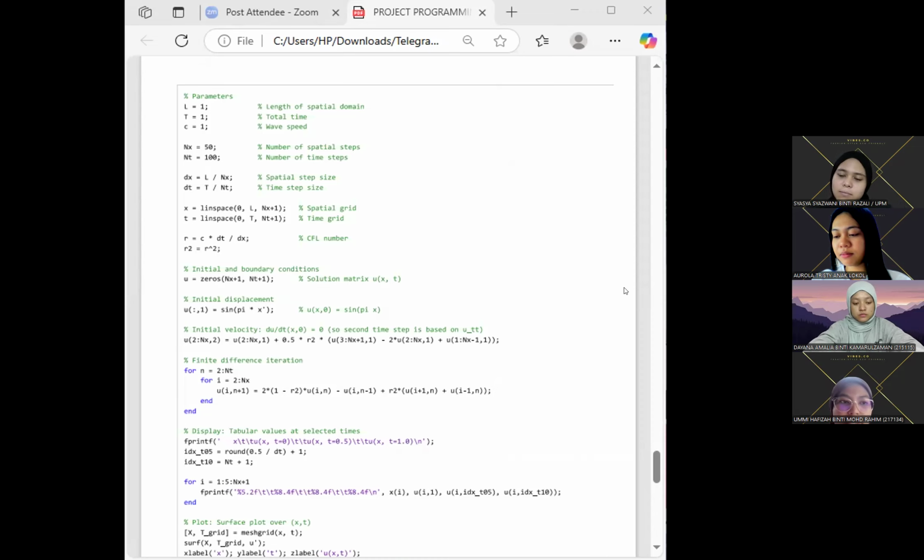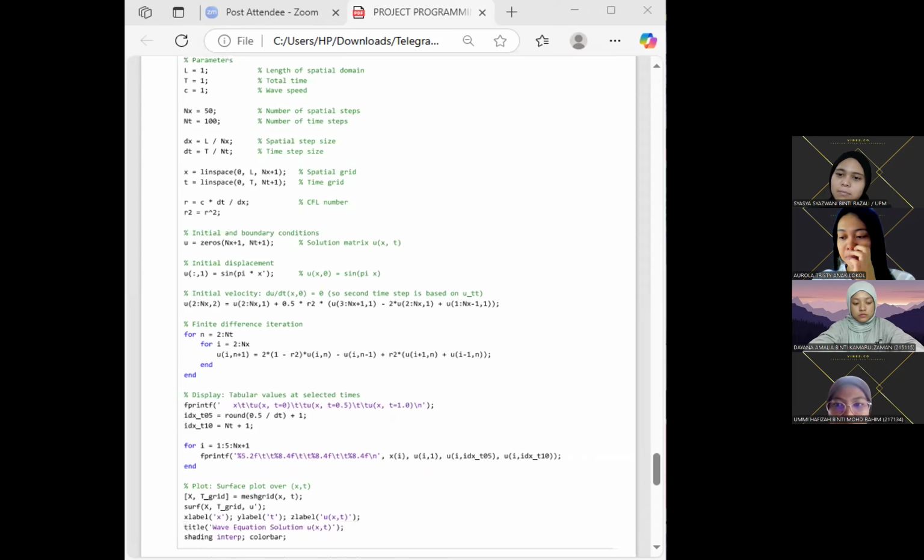So for step 1, we define the problem settings like L, T, c, NX, and NT. L is equal to 1, T is equal to 1, c is equal to 1, NX is equal to 50, and NT is equal to 100.